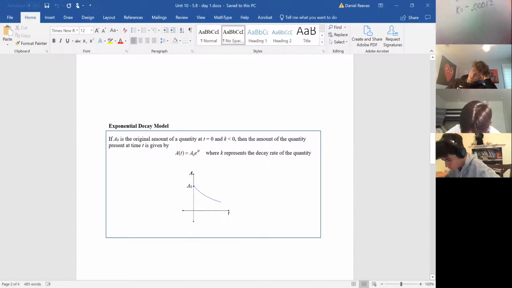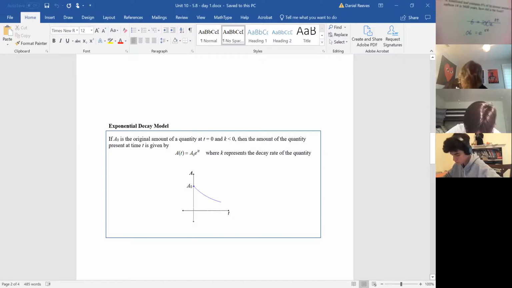So now that I have a working value for k, I can plug it back in and solve for t here. So the natural log of 0.06 equals kt, and the natural log of 0.06 divided by k equals t.